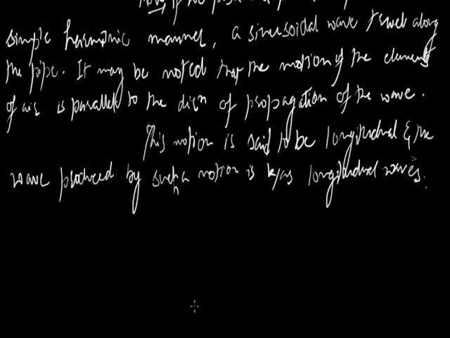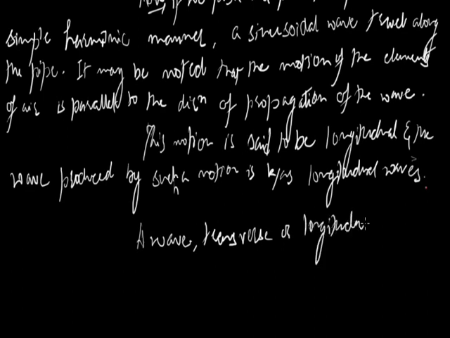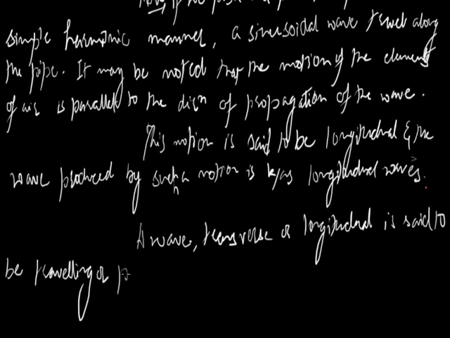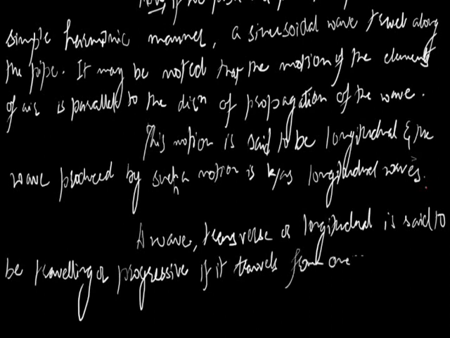A wave, transverse or longitudinal, is said to be traveling or progressive if it travels from one point of the medium to another.